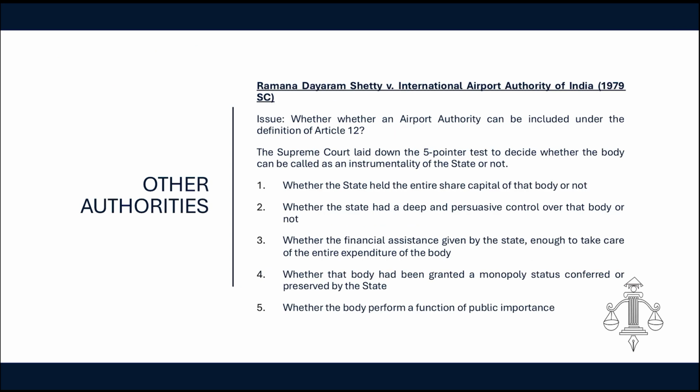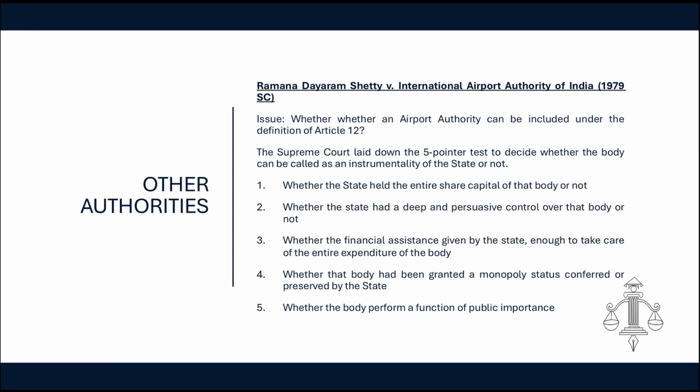Next, we have one of the very most important and one of the very famous judgments, R.D. Shetty versus International Airport Authority of India, right? Here the question is whether an airport authority can be considered as state or not, right? In this case, tenders had been invited for the setting up of one restaurant and 2 snack bars at the airport of Bombay. Fact समझ लो तो आपको थोड़ा सा क्लियर हो जाएगा कि हम ये क्वेश्चन ही क्यों पूछ रहे हैं, right?